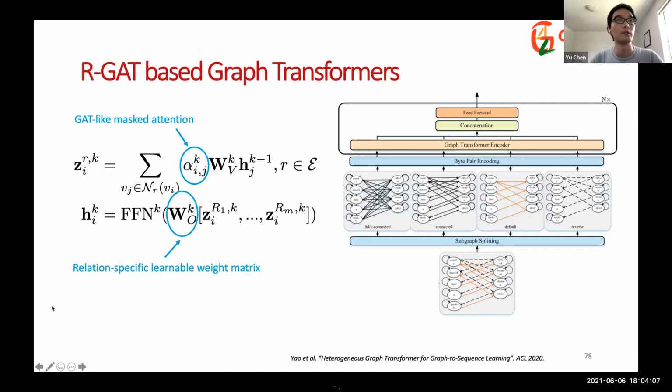That's different from the vanilla transformer models, because in the vanilla transformer models, we do not have this graph-based mask matrix, and the transformer considers pairwise node similarities. The second idea is that it introduces the relation-specific learnable weight matrix, which has also been used in RGNN models.